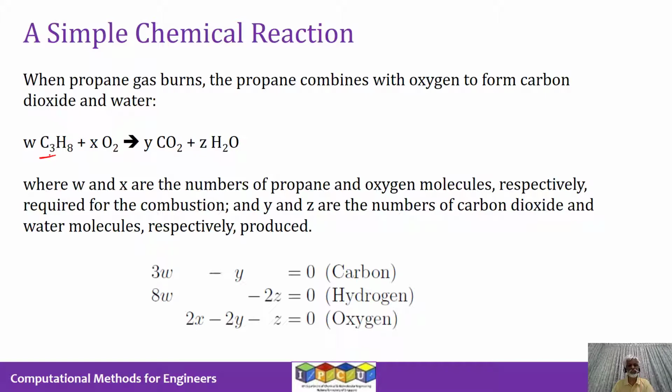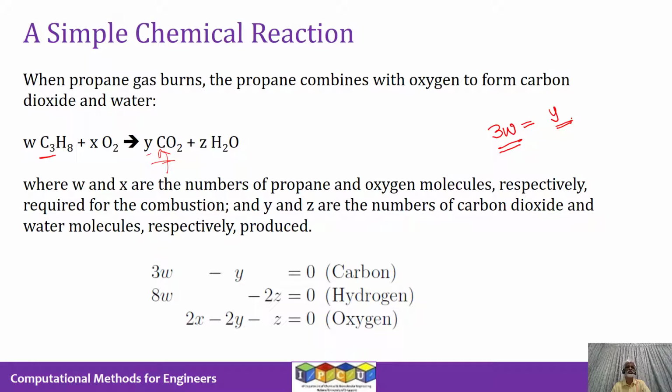On the right hand side, C appears in carbon dioxide only. So 1 mole of carbon dioxide contains 1 mole of C. Therefore, Y moles of carbon dioxide will contain Y moles of C. Therefore, we have this equation: 3W equals Y. So the moles of carbon on the left hand side of the equation equal the moles of carbon on the right hand side.